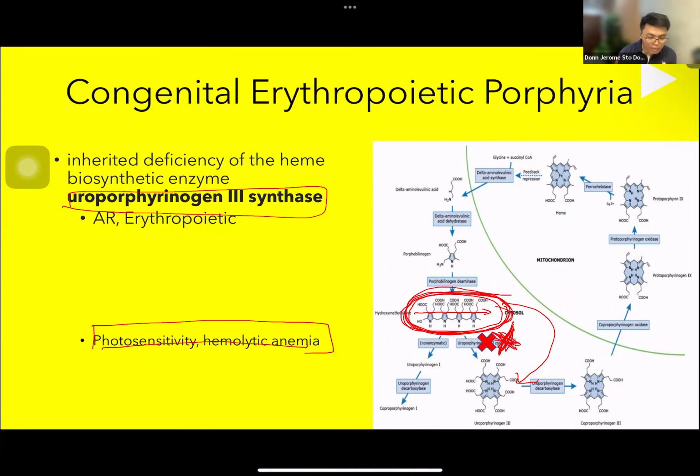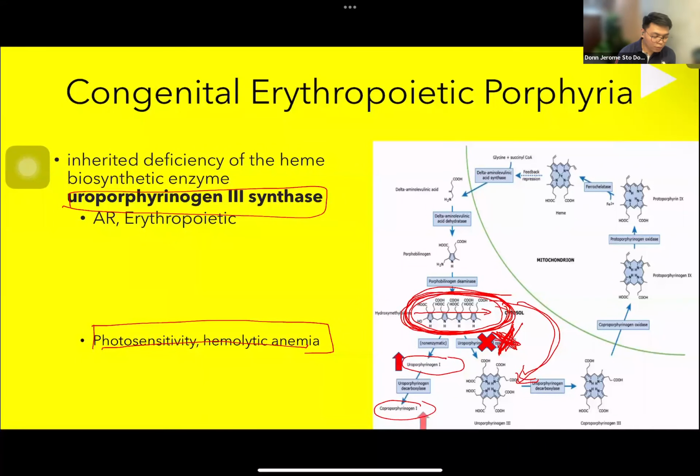Okay, that's correct, no? So, nakita niyo dito, the intermediate right before that enzyme is hydroxymethylbilane, right? And I mentioned a while ago that there are two fates for hydroxymethylbilane. One is the non-enzymatic cyclization, leading to the formation of the type 1 uroporphyrinogen and type 1 coproporphyrinogen. So even though you have a block in this enzyme, and you cannot produce your uroporphyrinogen type 3, there would be elevation in the non-physiologic porphyrins.